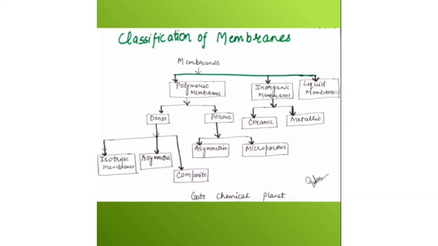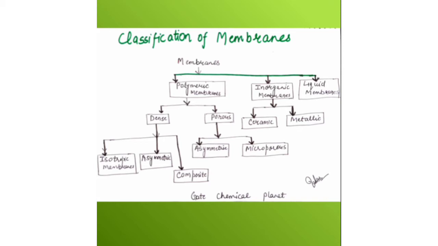So now we will come to classification of membrane. On the basis of polymeric material, inorganic material and liquid material, the membranes are classified in three categories: polymeric membranes, inorganic membranes and liquid membranes. Okay, so three categories of membrane.